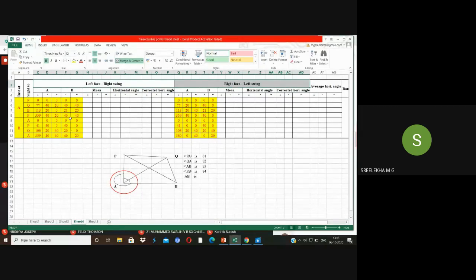Okay, so can you identify from the station A, we sighted to P, Q, B, close the horizon. That was with face left. Similarly, repeat that for the face right. The corresponding values are written here. Copy down that. So the values are 0, 0, 0, 77, 20, 0, 40, 0. These are the values you are just reading from your verniers. And after that, you can go to the calculations.